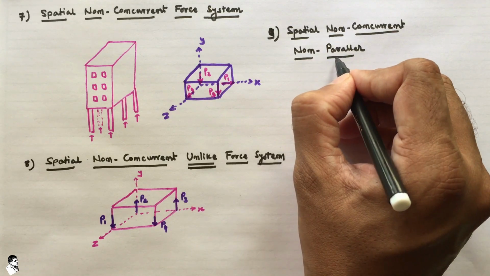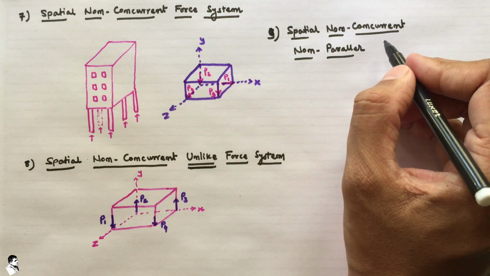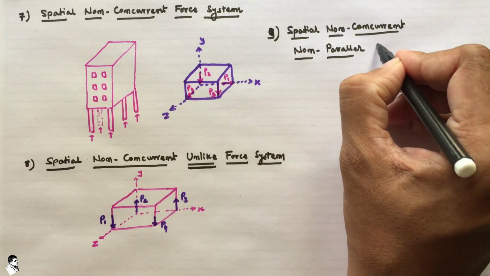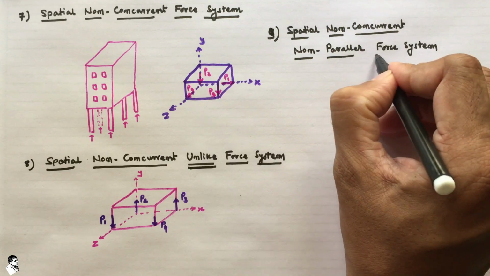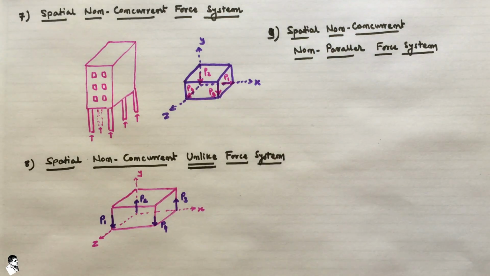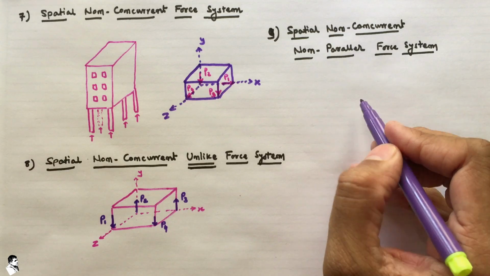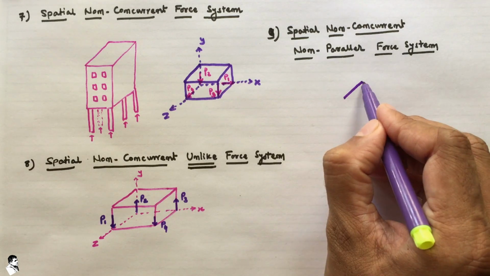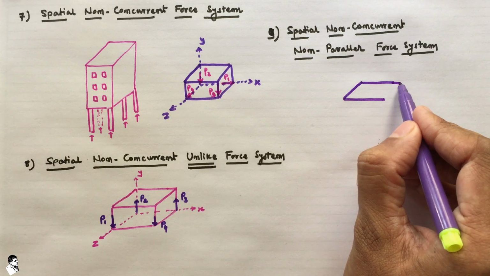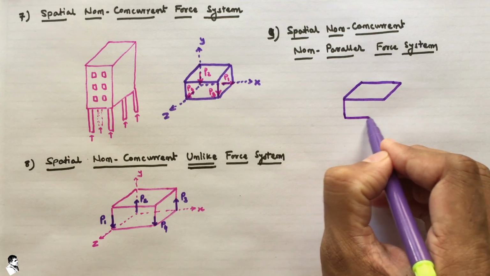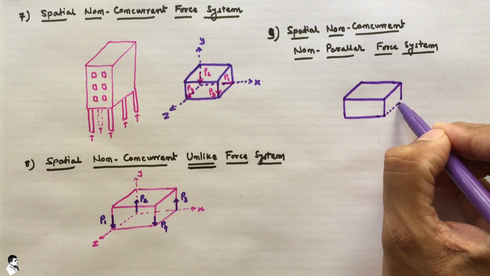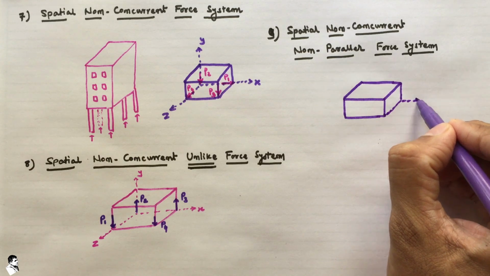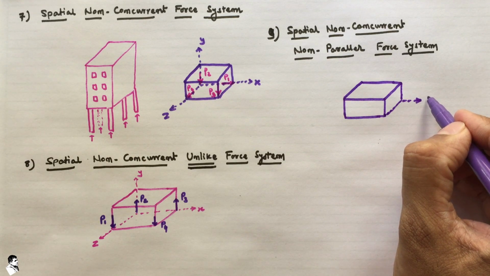So non-parallel means the forces are not maintaining a similar distance between them. So in this spatial non-concurrent non-parallel force system, a very simple example is the vehicles that are passing on our road in different directions. So we can say that system is our spatial non-concurrent non-parallel system.